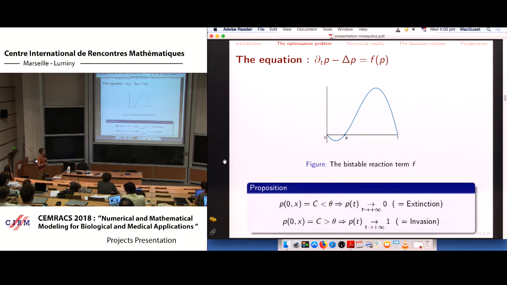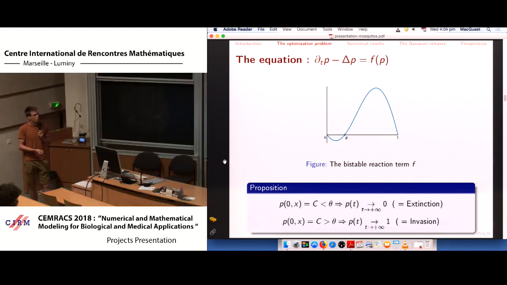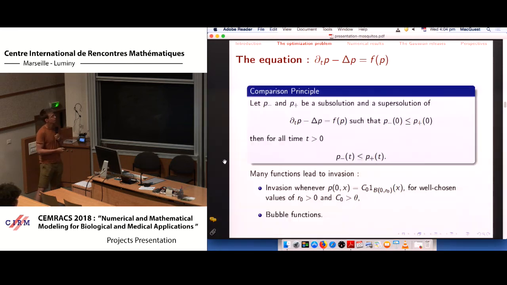And this is the reverse. When the initial condition is constant and greater than theta, you have invasion. So when t goes to infinity, p of t tends to 1. So you see, you can reach invasion or extinction. But this is not the only way to reach invasion. For instance, thanks to the comparison principle, which means that if we can compare the initial data, the solution will still preserve the order.